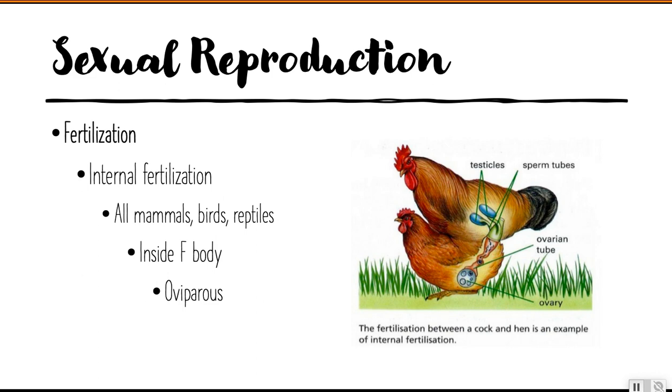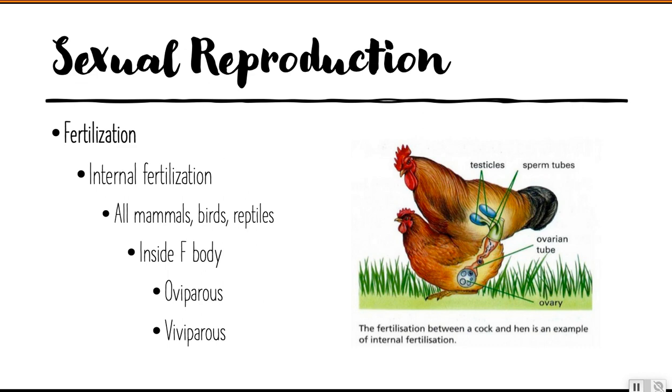There are a couple of different kinds of fertilization that can occur. There's two different forms. So there can be oviparous fertilization, which means that there are hard-shelled eggs being laid. This is for insects, birds, and reptiles. Or we can have viviparous.